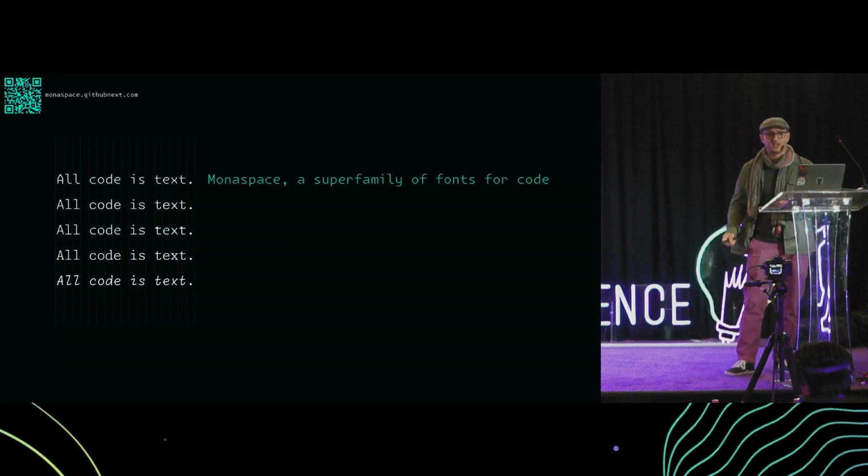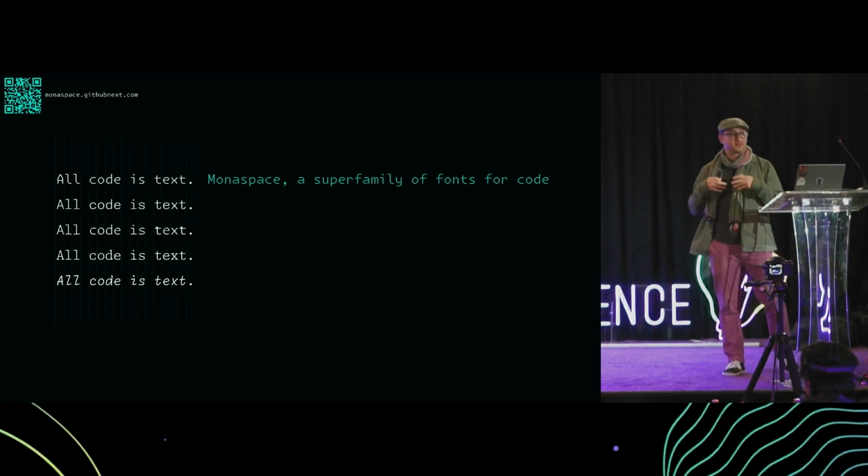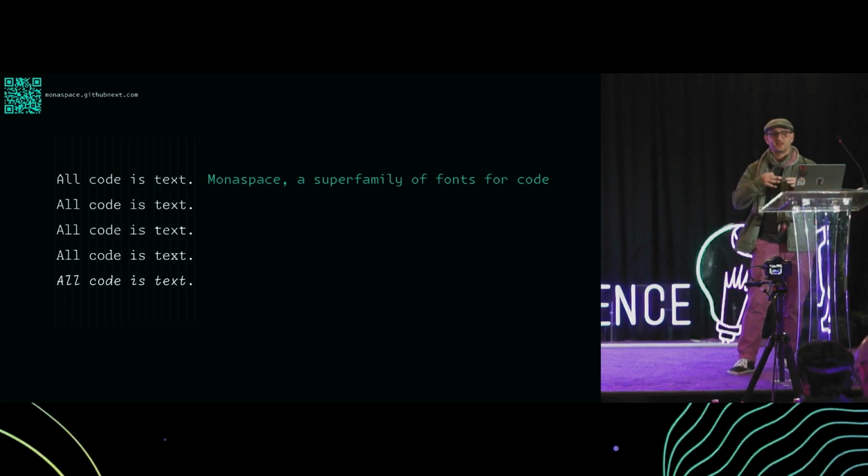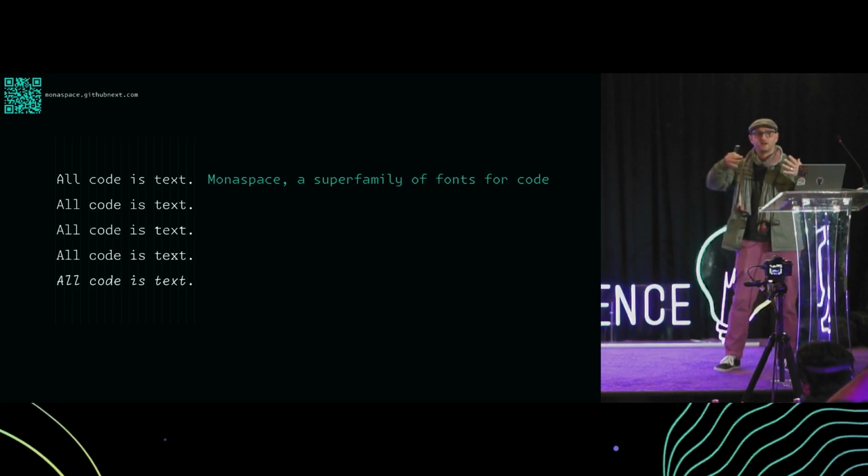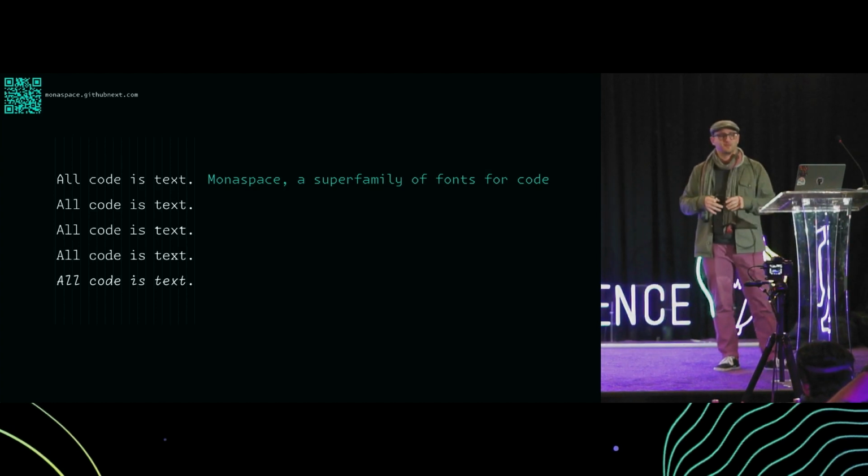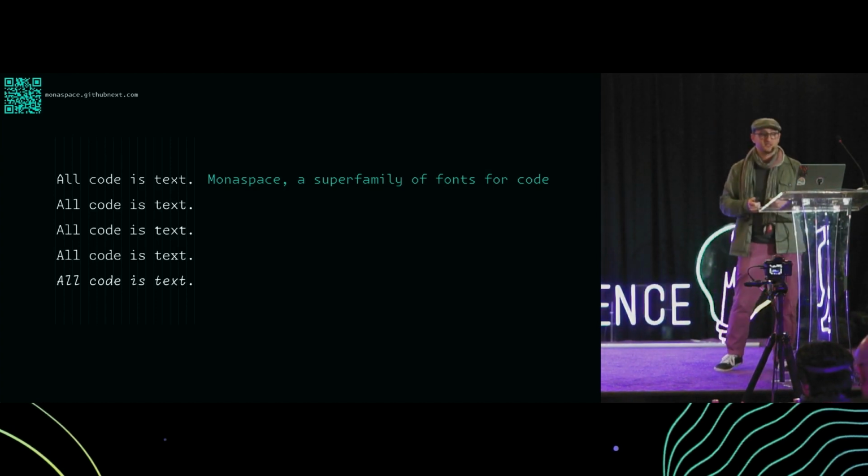So one of the projects we did last year doesn't look like it has anything at all to do with AI or the future of software. We went and designed a special set of typefaces for code. It's 5 different fonts that look very different, but which have exactly the same metrics, so you can mix and match them together.